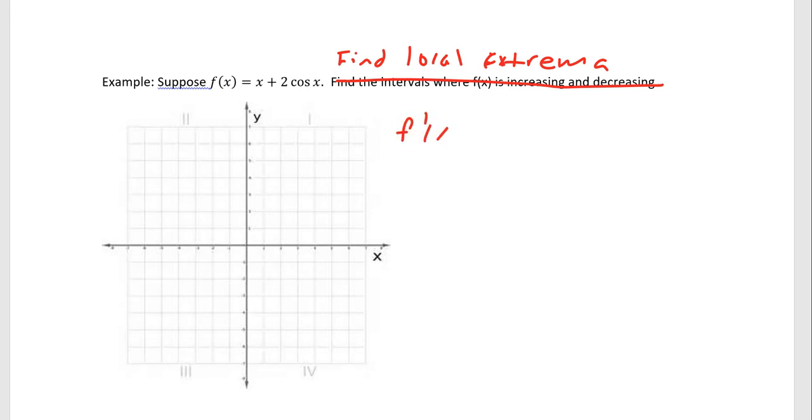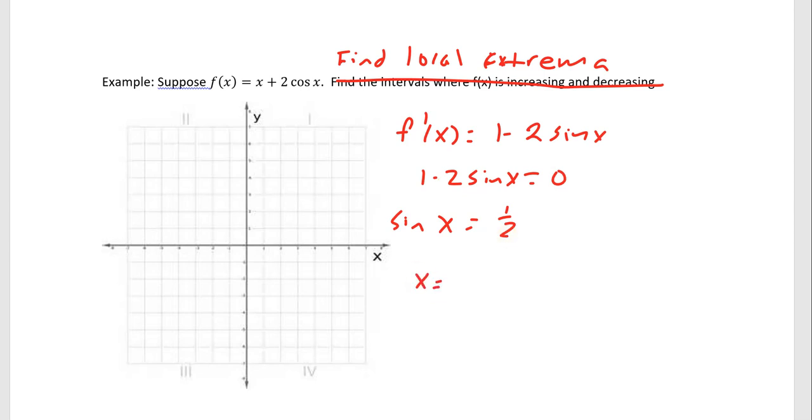So we had that f prime of x was 1 minus 2 sine of x, and our critical points are where it's equal to 0. So we get 1 minus 2 sine of x equals 0, so sine of x needed to be 1/2.